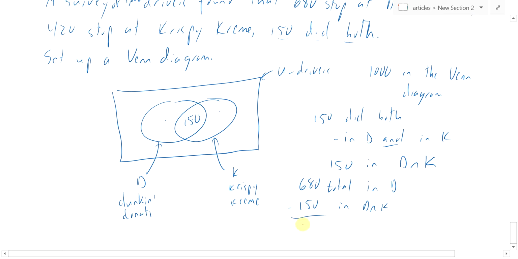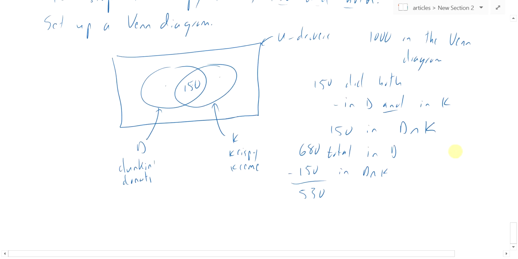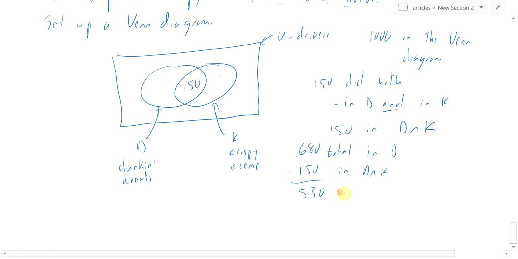So 530 are in D, but not in K. Not in K is K prime, in D is D, so D intersection K prime. So that's 530 go here.